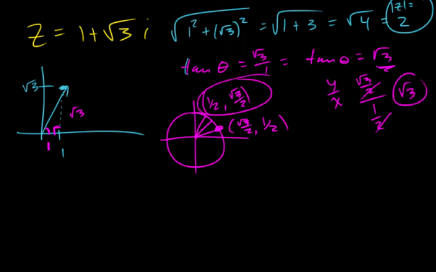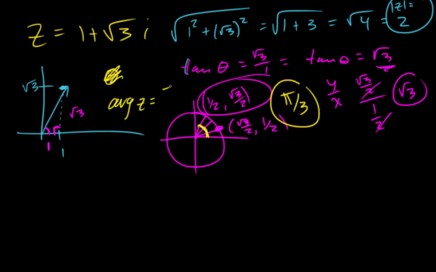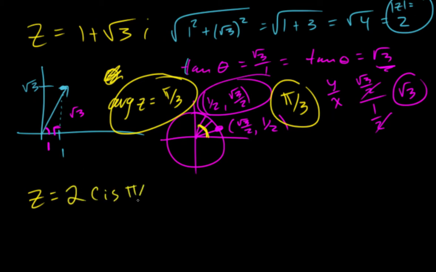So this is where we're at, and that rotation is pi thirds, and so that's what our argument is. So arg z is equal to pi thirds. Okay, now we have the argument, we have the modulus, so we can write it in polar form. And so polar form is going to be z is equal to 2 cis pi thirds.